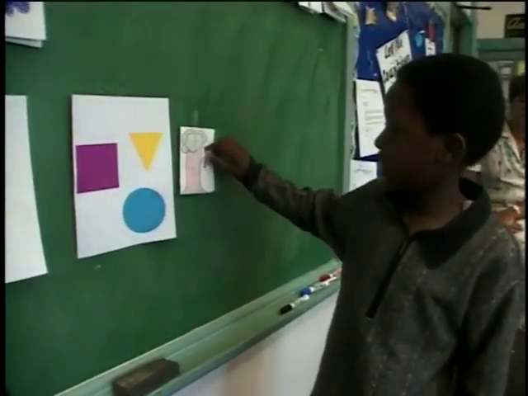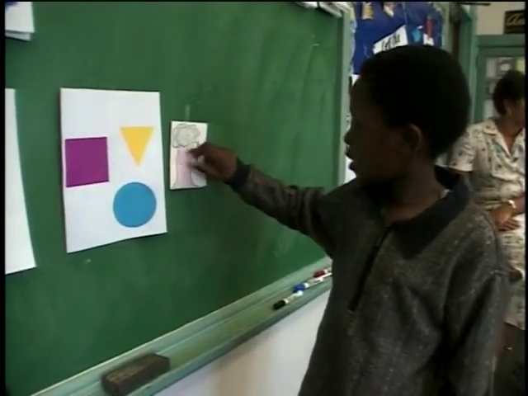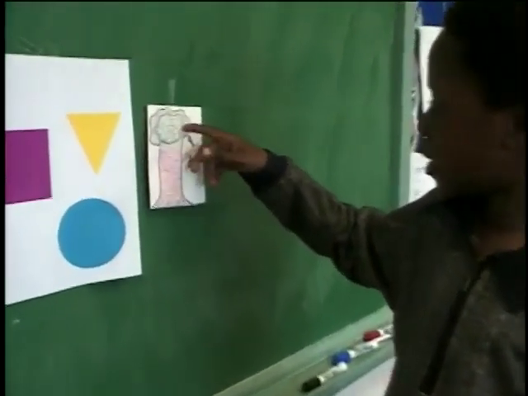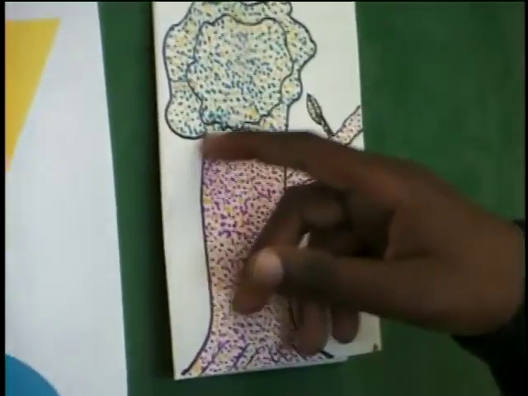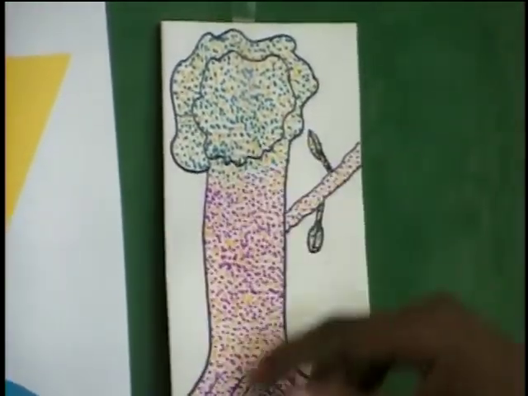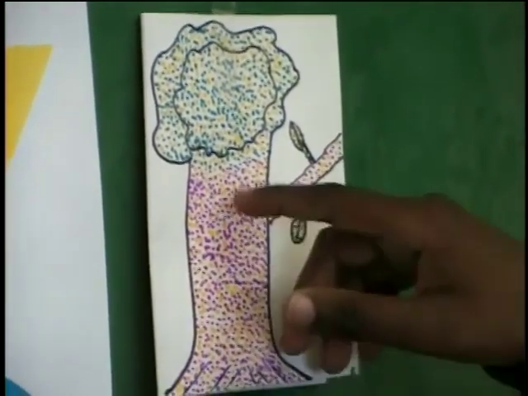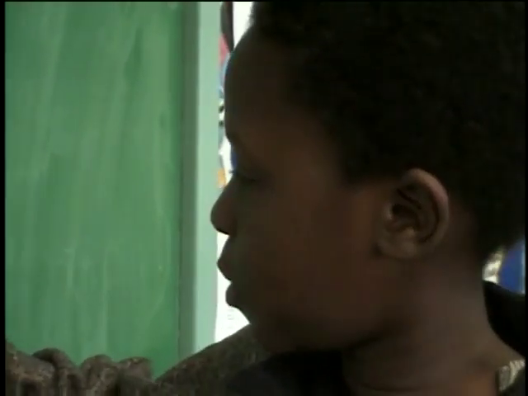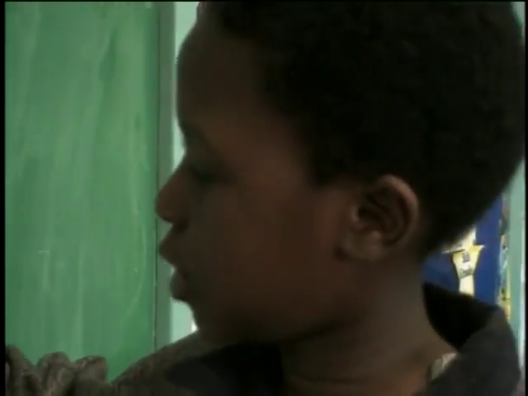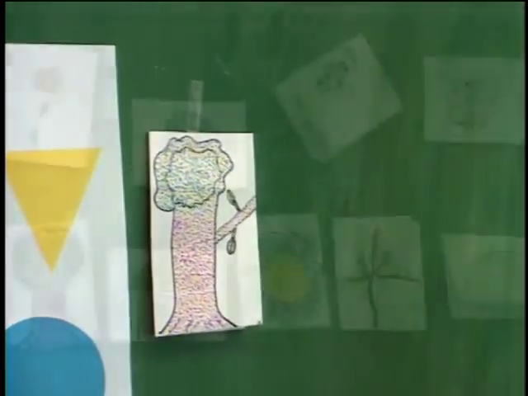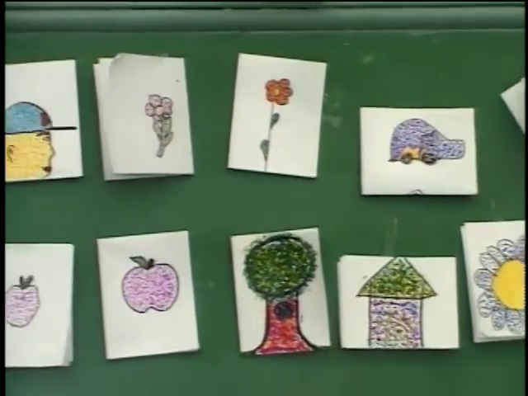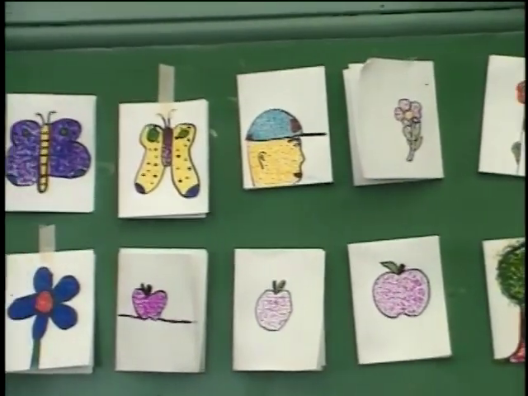I drew a tree, and right here I used blue and yellow. I was trying to make wind, and right on the track, I used yellow and magenta, and I was trying to make brown, and then at the branch I did the same thing, and right here I did the same thing with the leaves. Great job, you guys. Very well done.